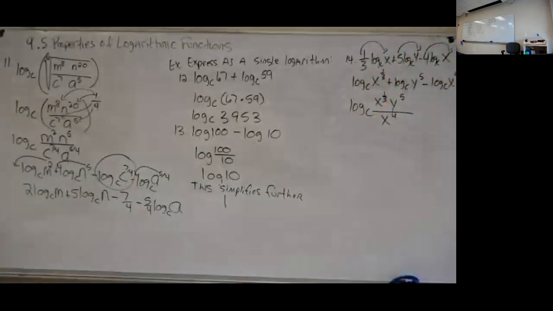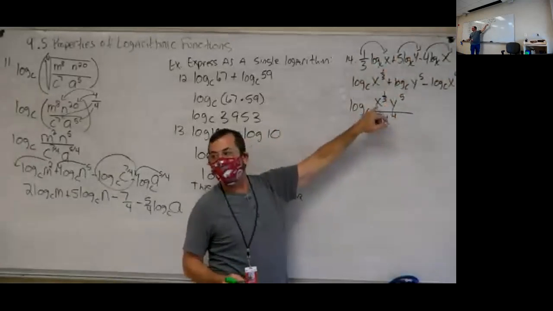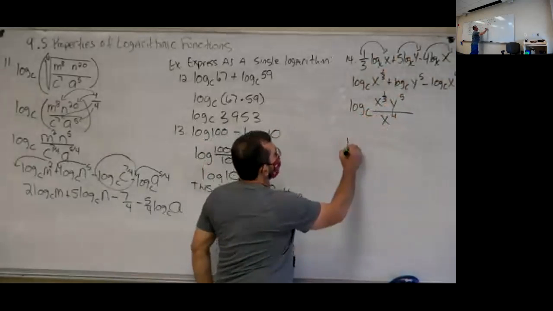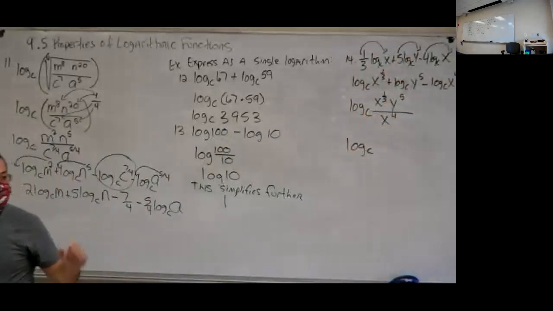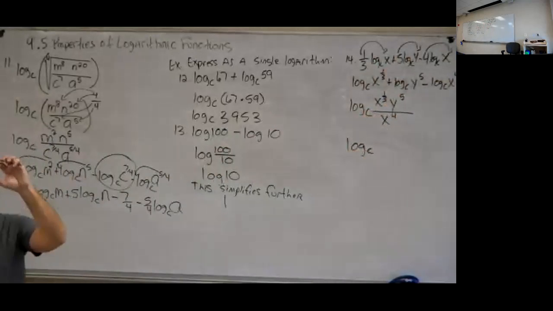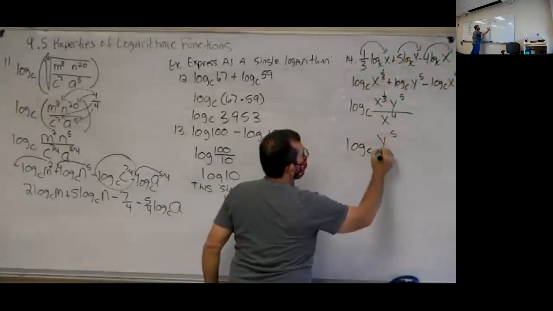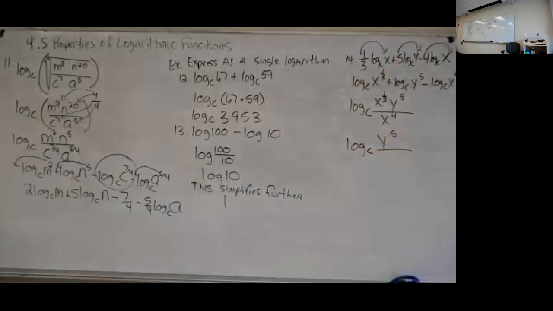So we're technically done, except you cannot have x's on top and x's on the bottom. Since those x's are bigger in the bottom, we're going to subtract 1/3 from the 4. So the top is going to stay y to the 5th. What is 4 minus 1/3 going to give me?